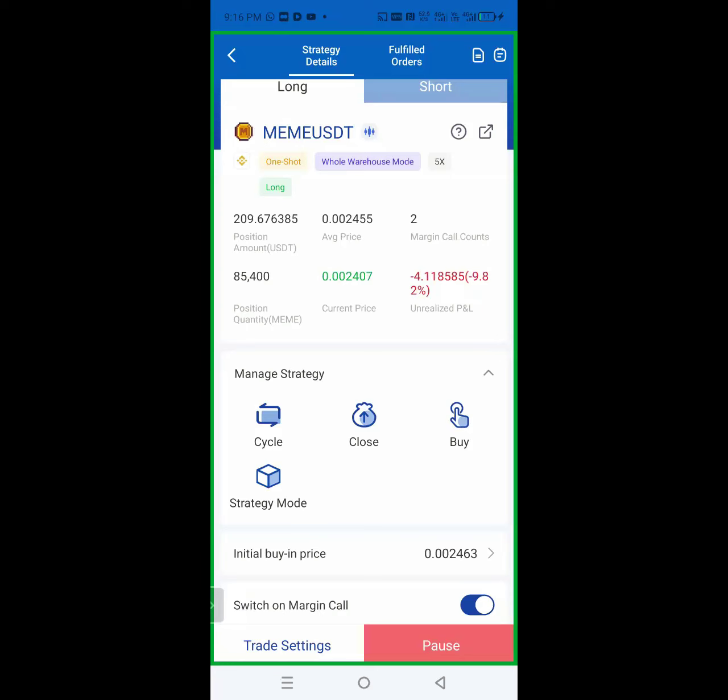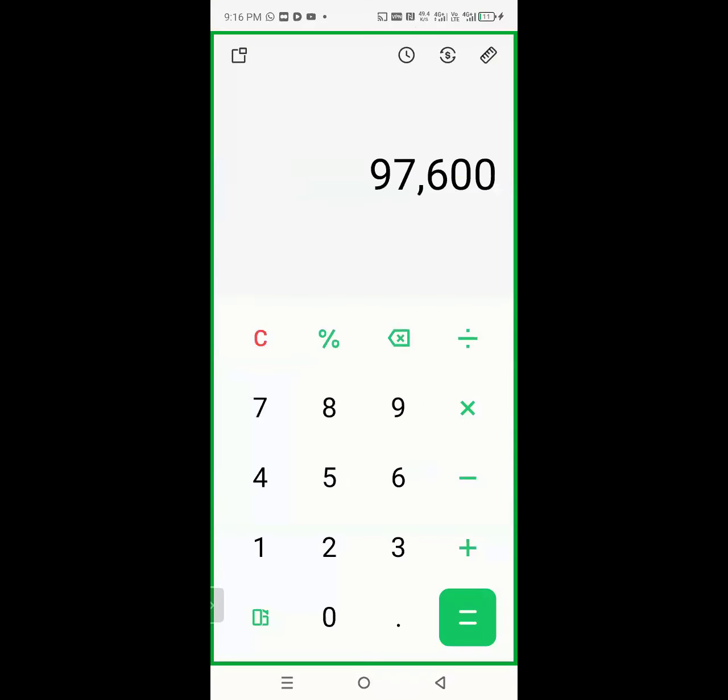So my $50 now will buy more than this quantity, because the coin has gone down more by 60% plus the 10 already, that is 70. So my $50 now will be buying more quantity.